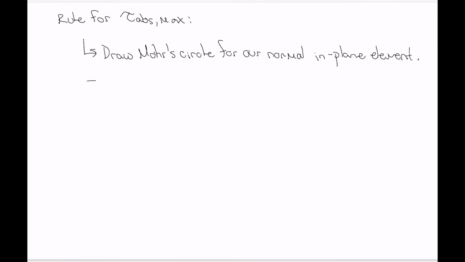And then we calculate our 2 principal stresses, sigma 1 and sigma 2.